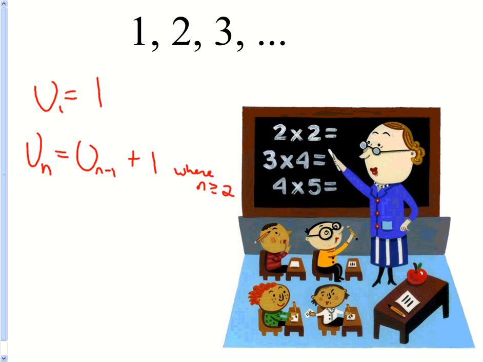Now, I want you to think for a second. If you use your calculator if you want to, find me the 500th term. What is it? 500. Okay, it's kind of cheating, but you'll need your calculator for the next one. What if I used u sub 0 to start this?